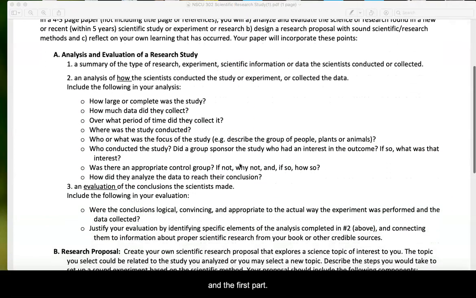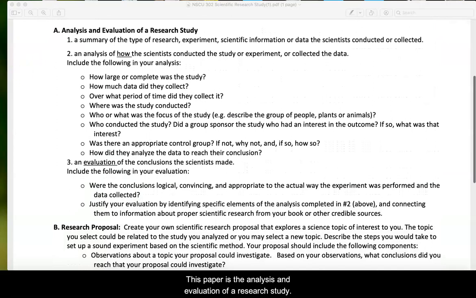And the first part of this paper is the analysis and evaluation of a research study. What this is, I want you to find a research study from a peer-reviewed journal on anything that interests you. So you can pick any scientific topic.